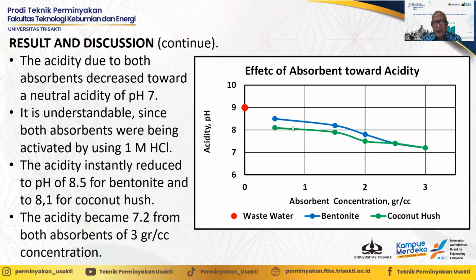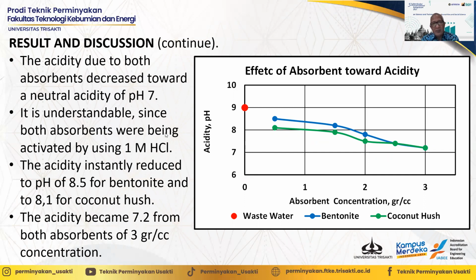And as an engineer, usually we try to explain it with a graph. The red one is the wastewater, the green one is mixed with bentonite, and the coconut husk is the other green one. And we will have the same color along this presentation. This is the effect of adsorbent toward acidity. You can see the acidity decreases toward neutral, and neutral is 7.